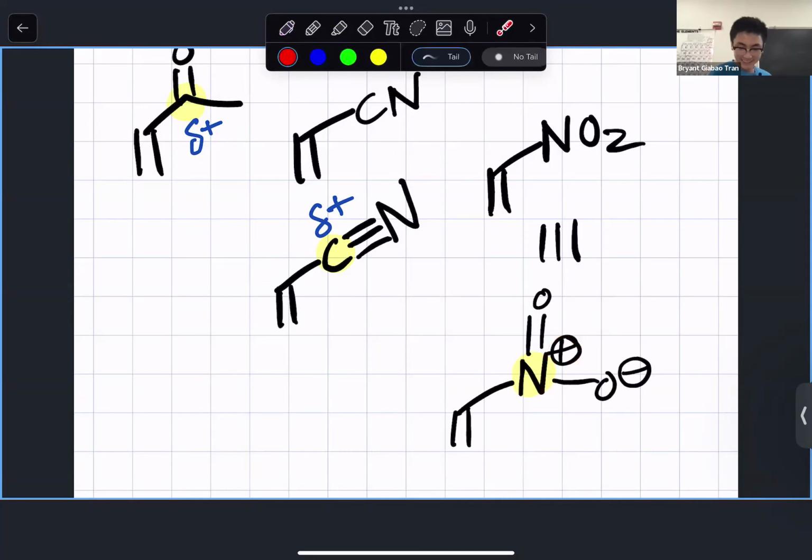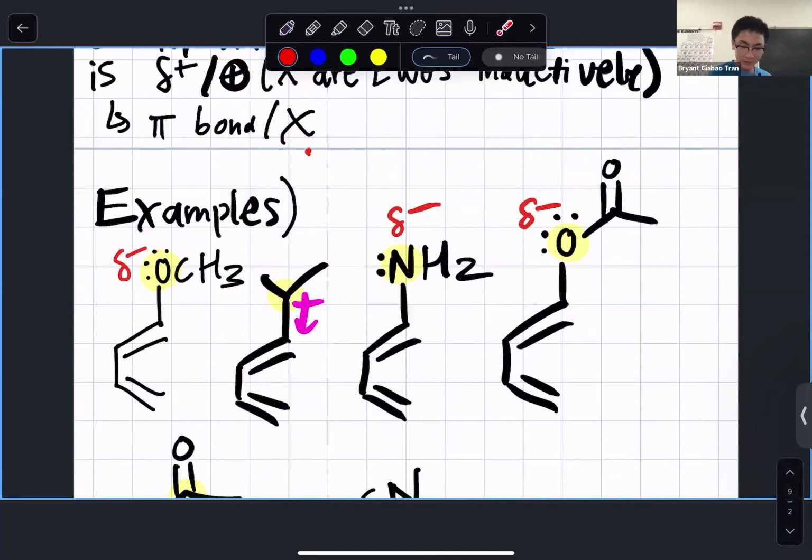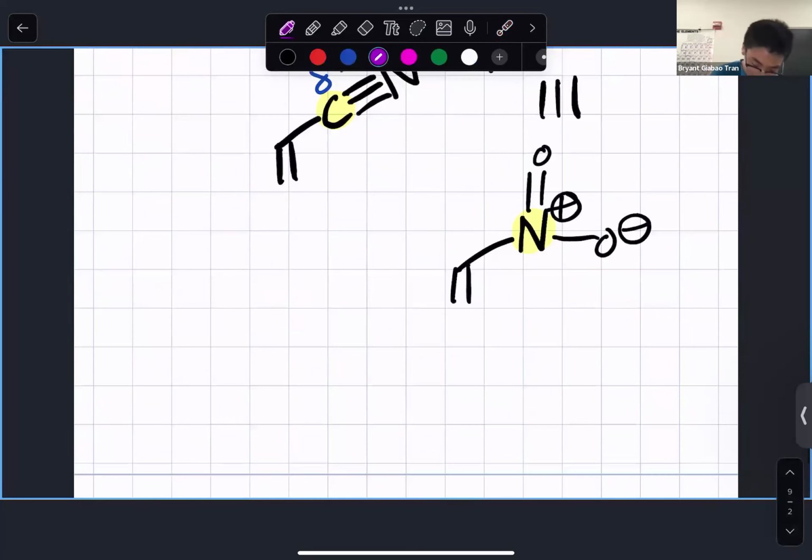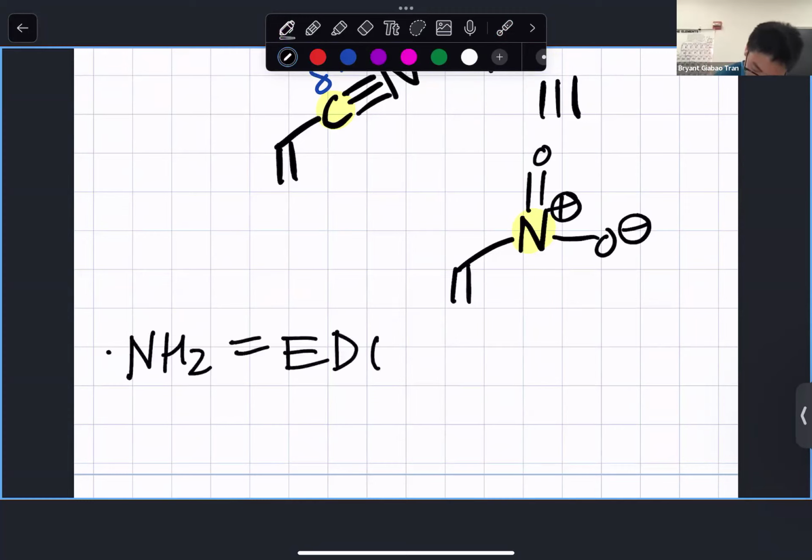Right? And don't confuse that with NH2. NH2 is an EDG, NO2 is an EWG. So let me make a note of that because that is a common mistake. NH2 is an EDG, NO2 is an EWG.